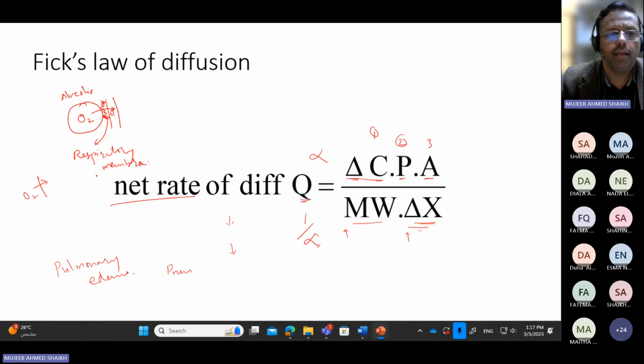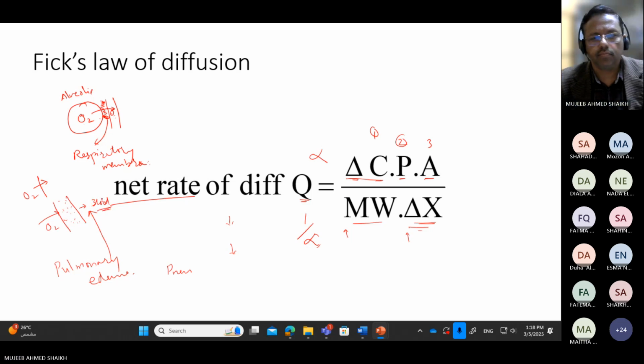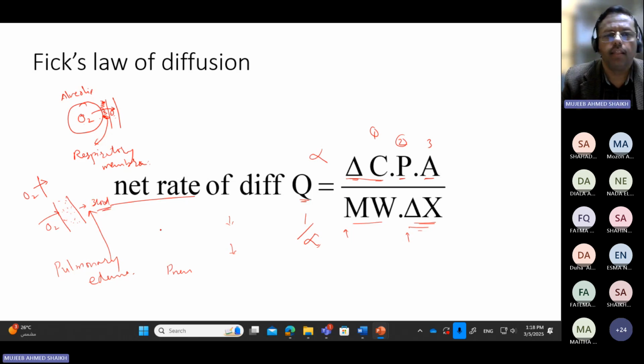But during pulmonary edema, this membrane becomes thick due to inflammation or accumulation of interstitial fluid. So oxygen will be slowly transported, or less oxygen is transported, into the blood capillaries. That's why oxygen in the blood will be decreased. Concentration of oxygen will be decreased. So this is how it can be explained.